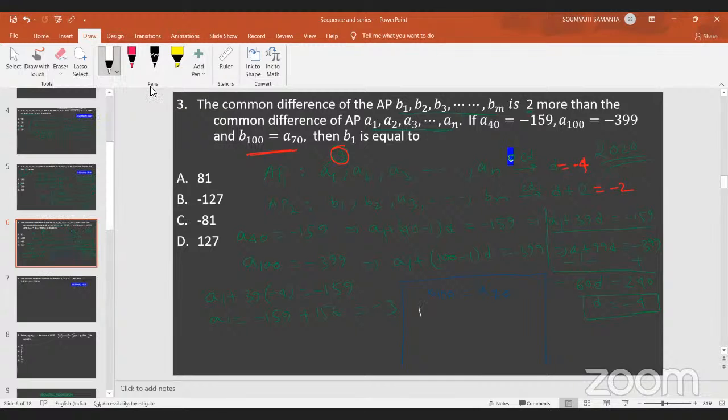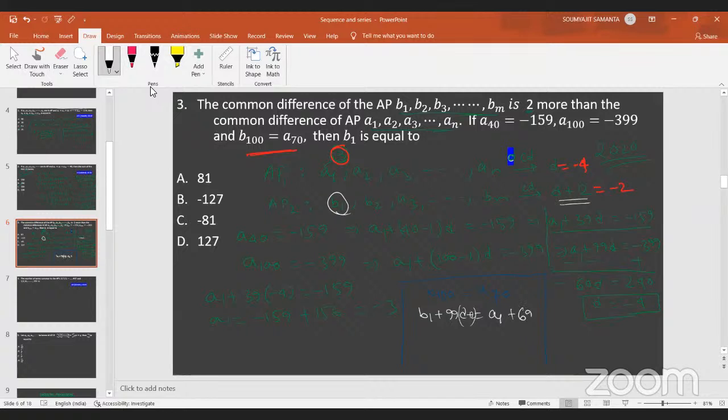B100 is nothing but B1 plus 99D, right? Why B1? Because the first term is B1, equal to A1 plus 69D. The common difference here is D plus 2.